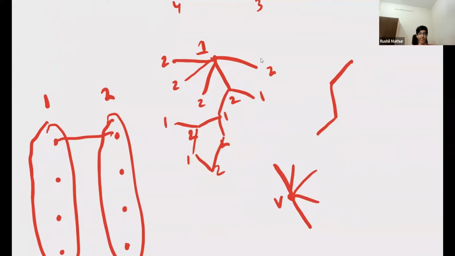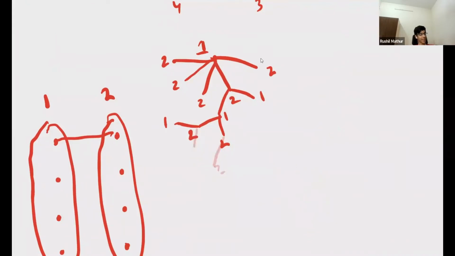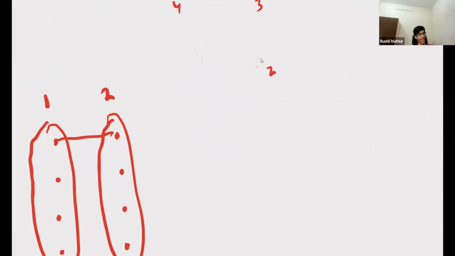A little bit of a more book approach of putting that, where what they basically do is they essentially say you start by labeling a random vertex as one, and now what you do is you take any random path. Let's say you want to figure out some random vertex which may not be connected to one. You want to figure out whether you should put this as one or two, right?